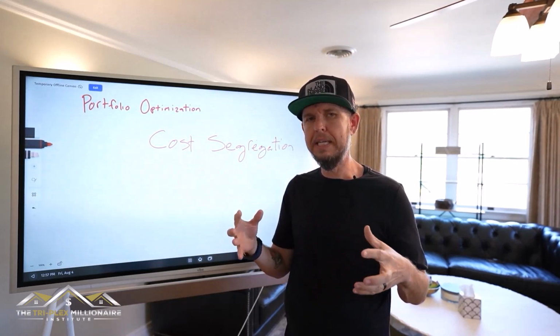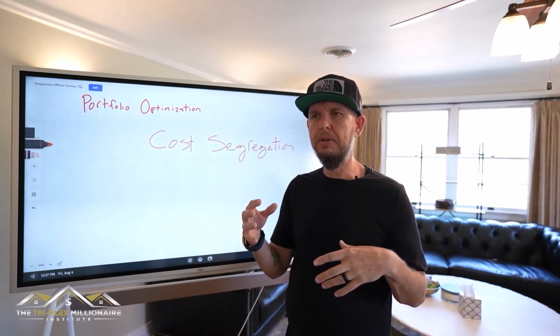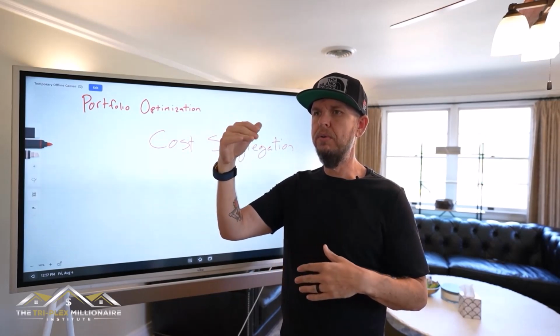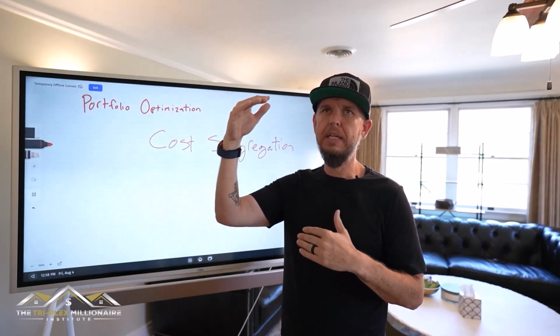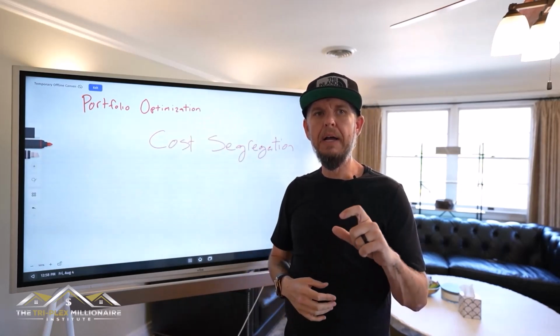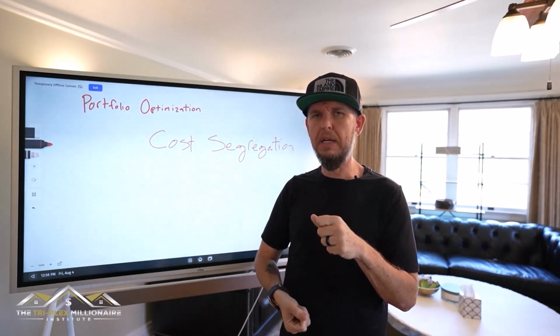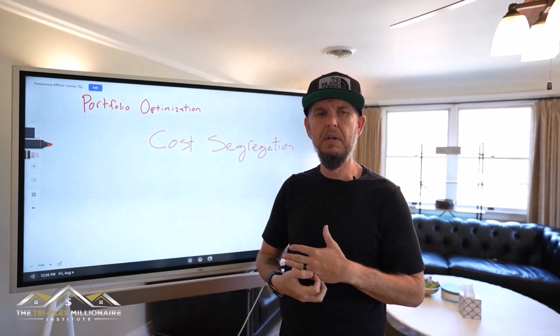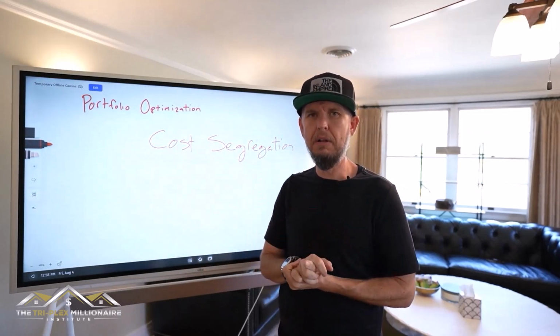And the way that cost segregation works is basically you can get a study that says your property's value of depreciation is $450,000 or $500,000, but this portion of it, the plumbing and the electrical and all these different things, represent $200,000 of that value.